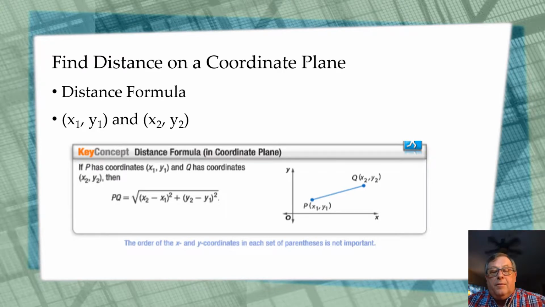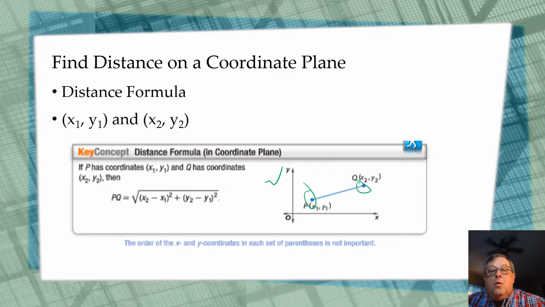So what we're talking about, if we look at this little coordinate plane on the right of this diagram over here, we see that we've got a line segment with two endpoints. One of those is endpoint P, and the other is endpoint Q. The ordered pair for P is identified as X1 and Y1, and the ordered pair for Q is X2 and Y2.